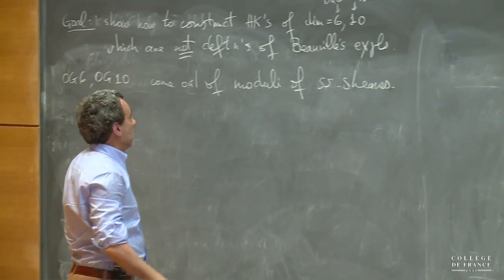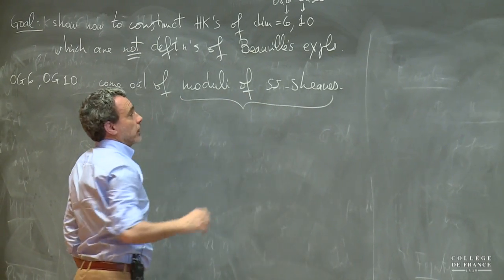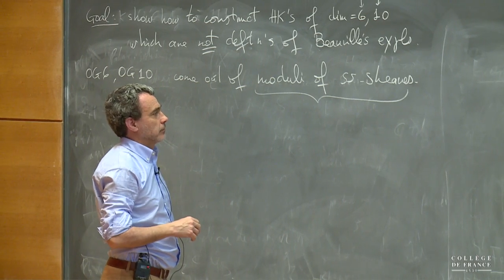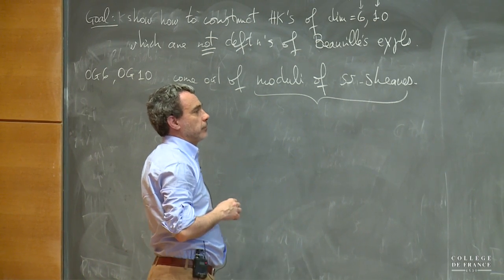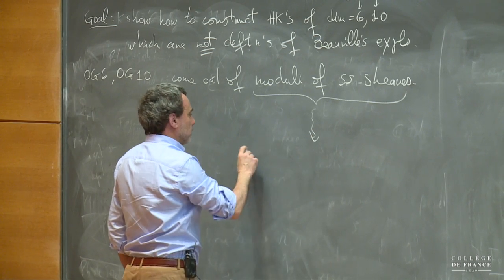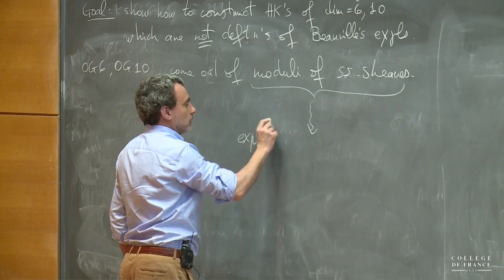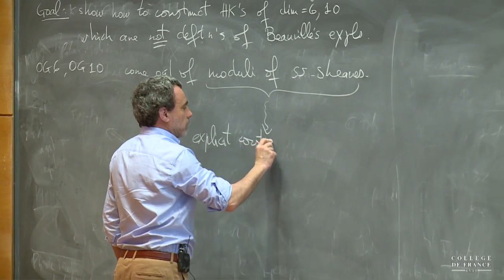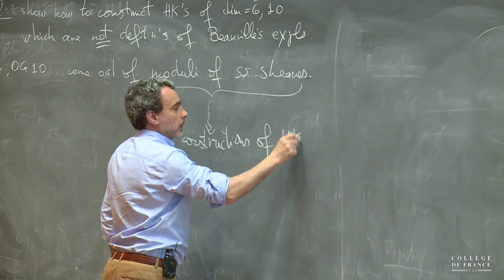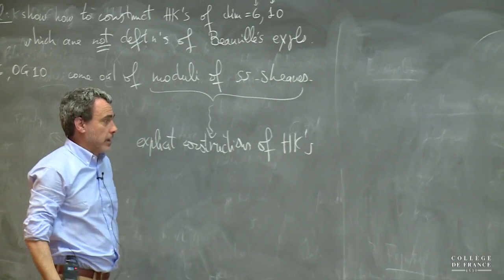And actually these moduli of semi-stable sheaves on symplectic surfaces, I'll be more specific, they give sort of explicit constructions of hyperkählers, most of them deformations of Beauville examples.